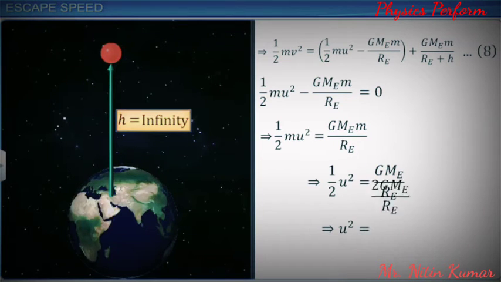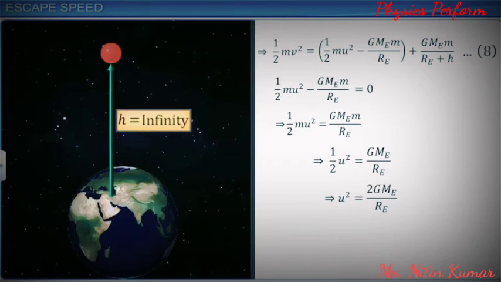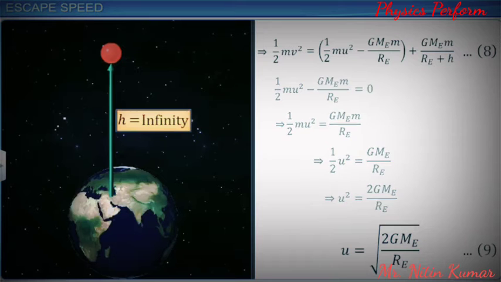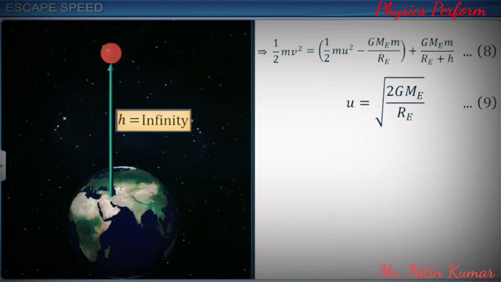Rearranging the terms in the equation and simplifying, you get the value of u as given by the equation u is equal to square root of 2GME divided by RE. Let this be equation 9. If this was the minimum value of velocity of projection of a body vertically upwards, then the body would escape the Earth's gravitational field.